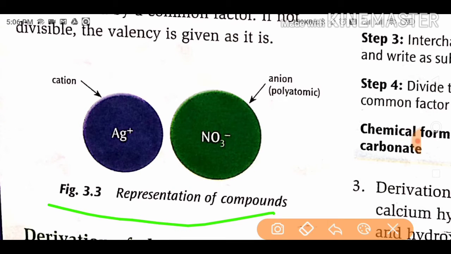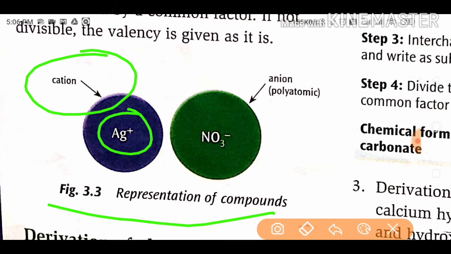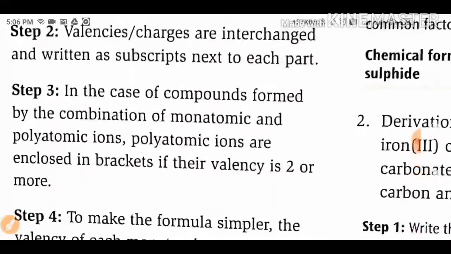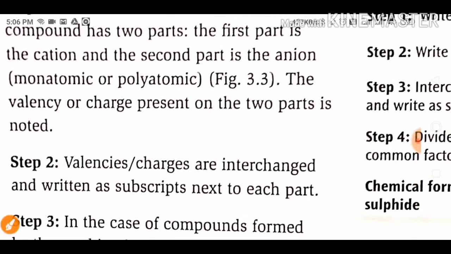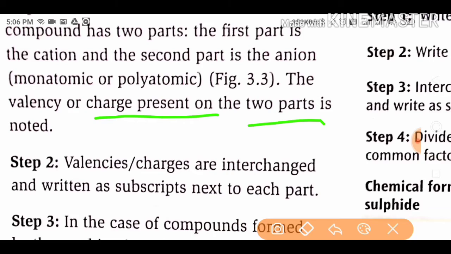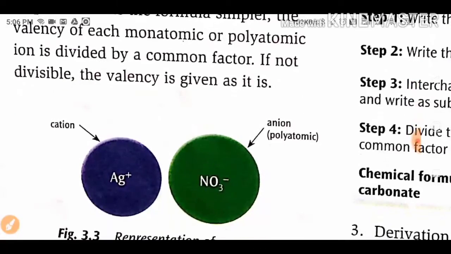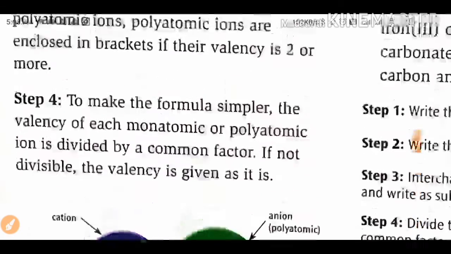Here Ag plus is a cation, you have to just note its charge. And NO3 nitrate is an anion, it is polyatomic. How many charges are present here? It's 1 and 1, plus and minus. You have to note that.